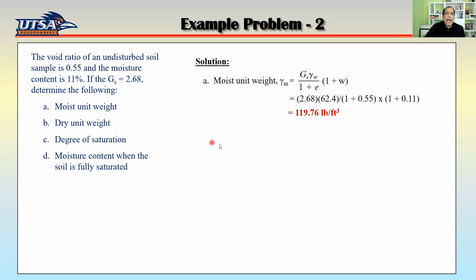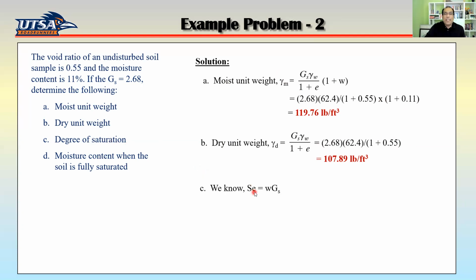Then what is your dry unit weight? Dry unit weight is Gs gamma w divided by 1 plus e. If you plug in all those values here, you get 107.89 pounds per feet cube. Degree of saturation, that's the other equation, Se equals w Gs, where S is your degree of saturation.